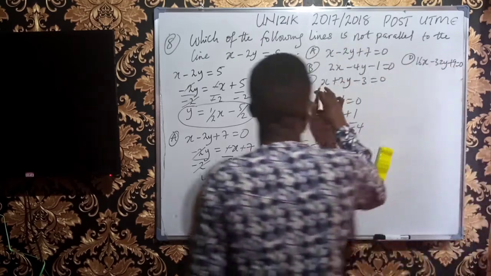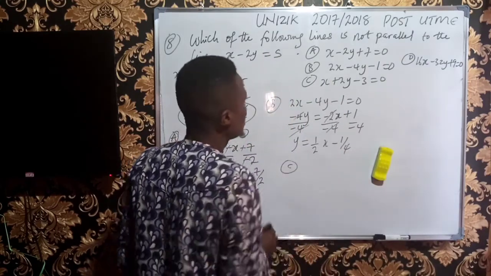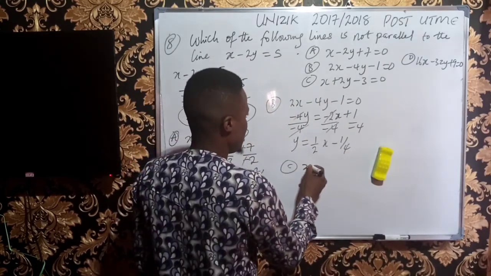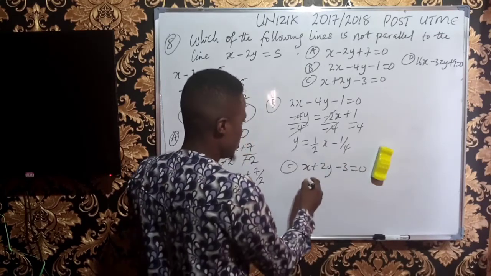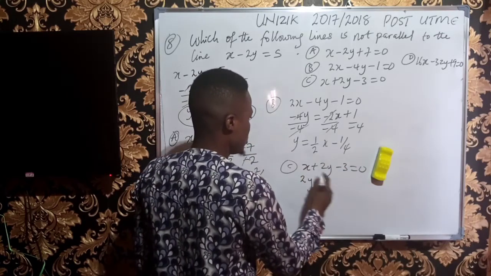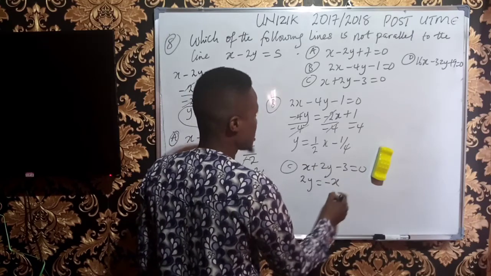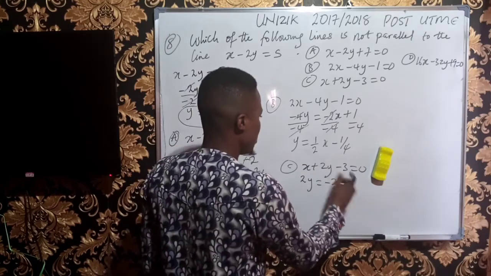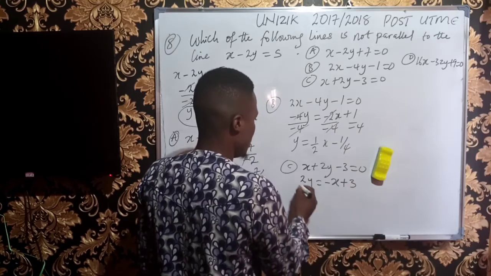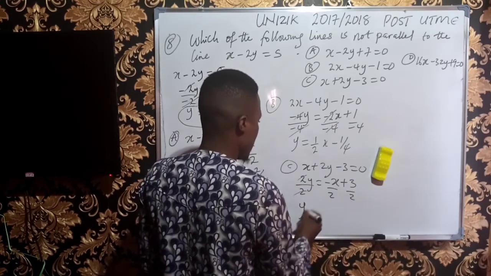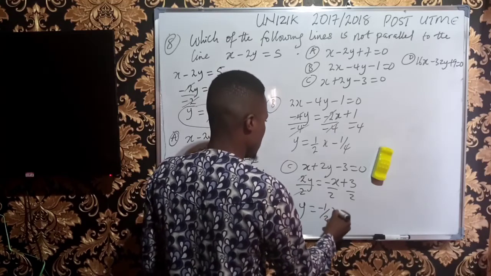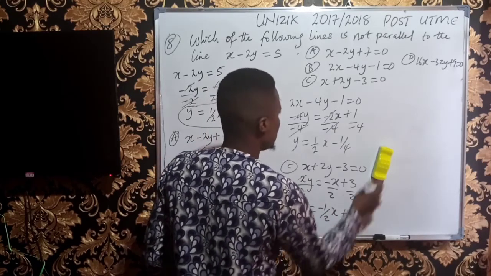Then I'll go to C. In option C, I have x plus 2y minus 3 equals 0. So 2y equals minus x plus 3, divide by 2. So I have that y is minus 1 over 2x plus 3 over 2.